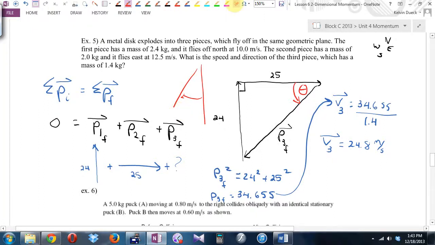South of west. Let's see, does that make sense? South of west means go west, go south of, oh yeah, that works. That mirrors that particular picture there. So I'll even fill that in right now. It's going to be south of west.